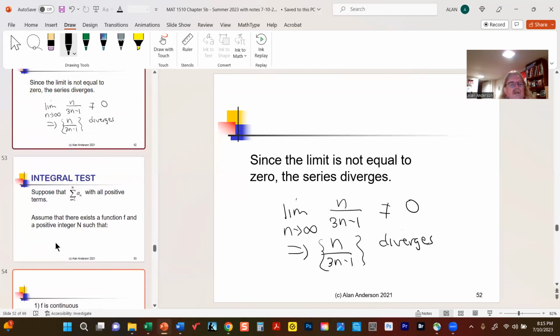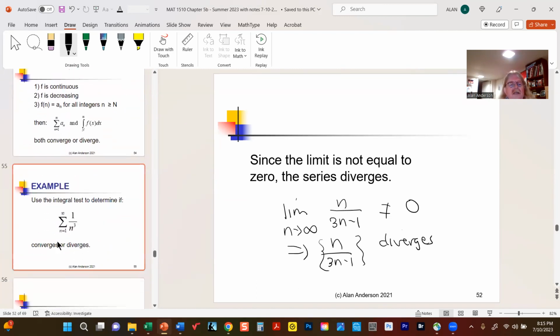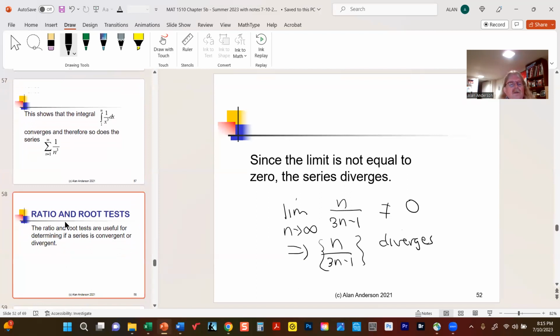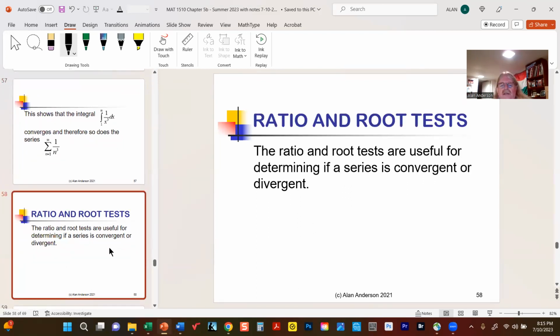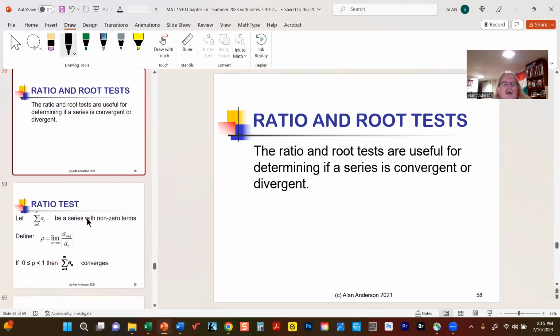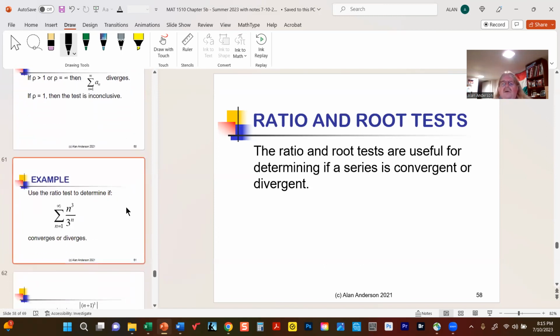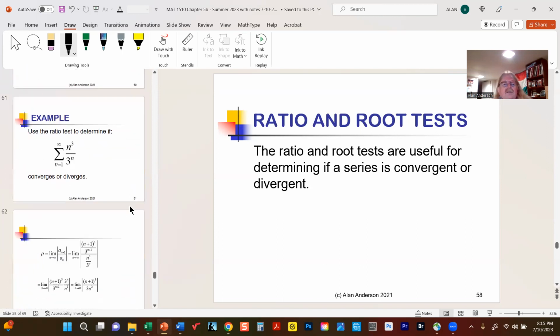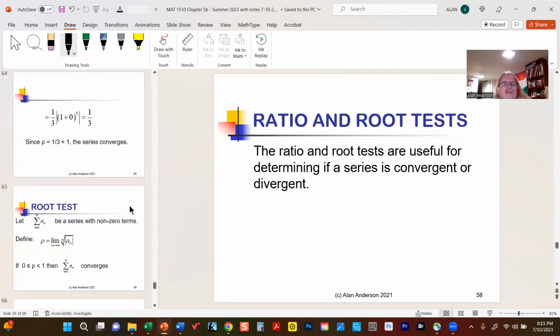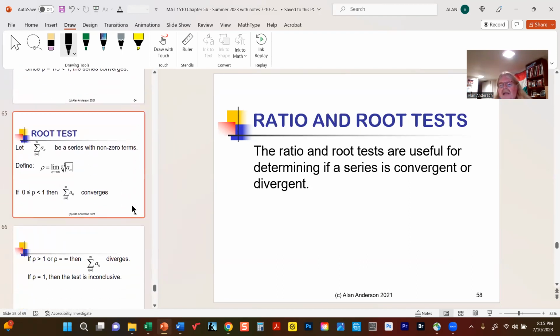Now, there's two more tests. There's an integral test coming up, but we also are going to introduce the so-called ratio and root tests. Again, the whole point of these is to determine if our series is convergent or divergent. So since there are so many of these, it's pretty clear that what we're supposed to do is choose the one that's the most convenient for the case that we happen to be working with.